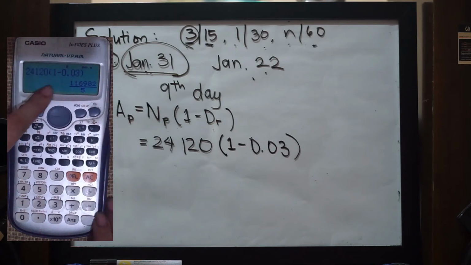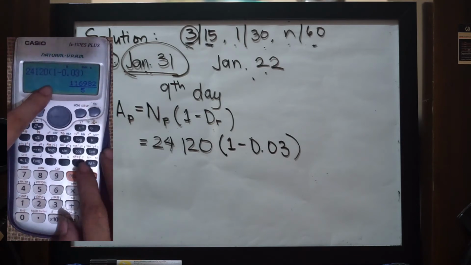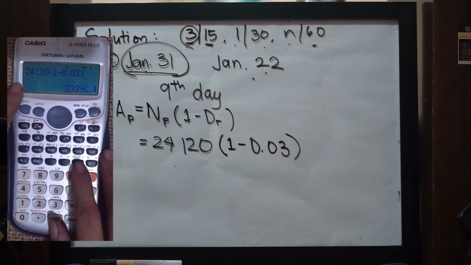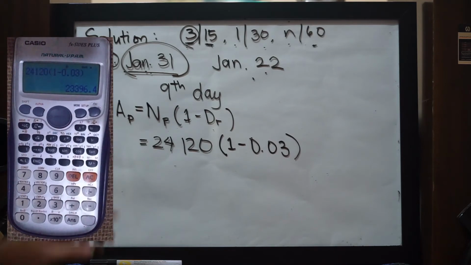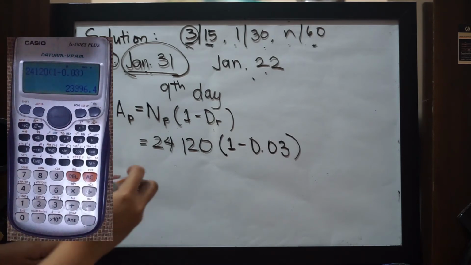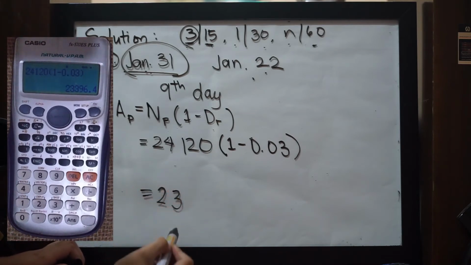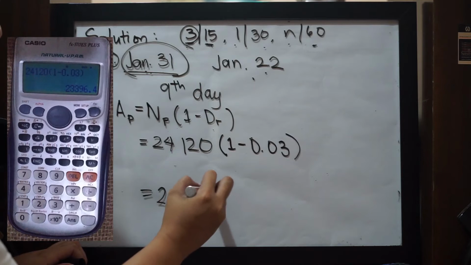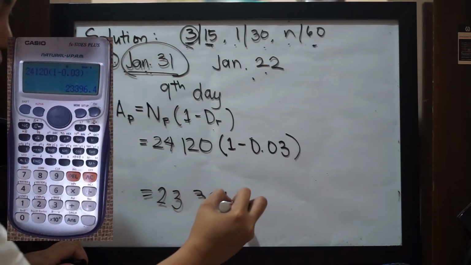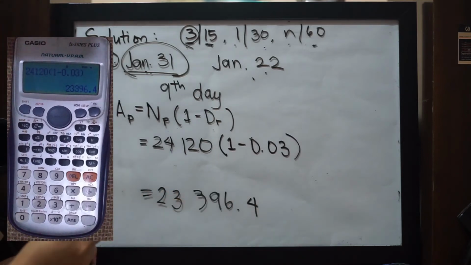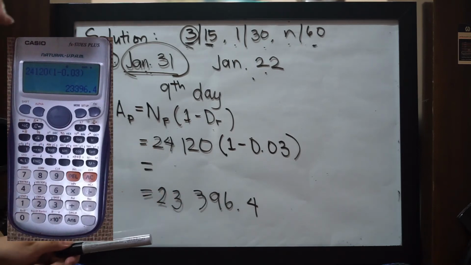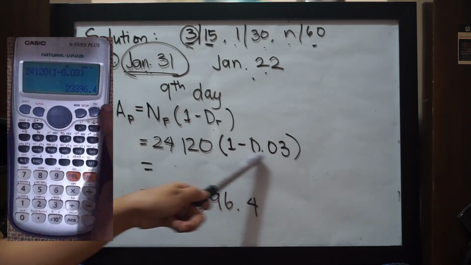If it is in fraction form, you have to look for S to D or the F to D. Then press it, then we'll have the value as 23,396.4.